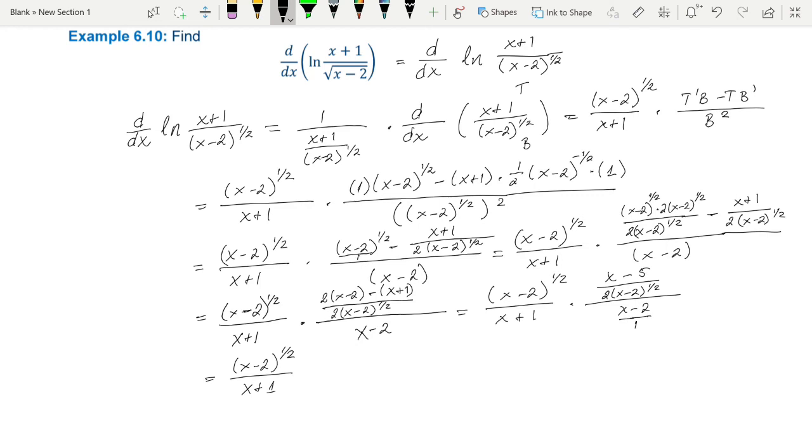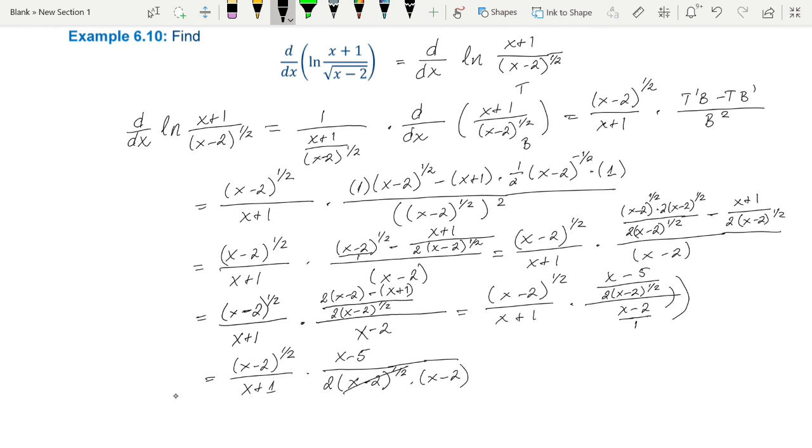I can think of the second one as a fraction, and divide two fractions by multiplying with the reciprocal, or I can go inside with inside, outside with outside, and so that gives us 1 times x minus 5, which is just x minus 5, and down on the bottom I get 2 times x minus 2 to the power of 1 half, and then times the x minus 2 that was already there.